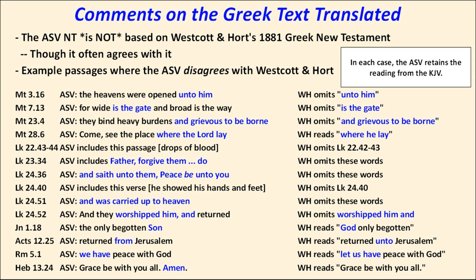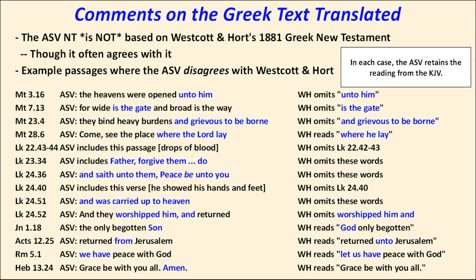Perhaps the most significant examples here are Luke 22:43 through 44, where the American Standard Version retains the account of the angel's appearance to Jesus on the Mount of Olives, and Christ's agony in the garden, and a portion of Luke 24:51, which describes Christ's ascension into heaven.